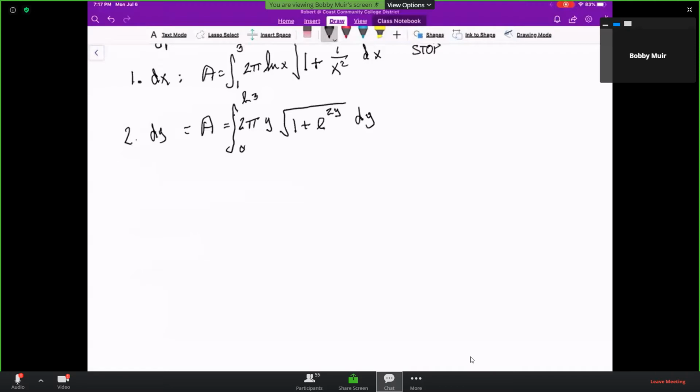So let's see, is it x to the 2/3 or x to the 1/3?